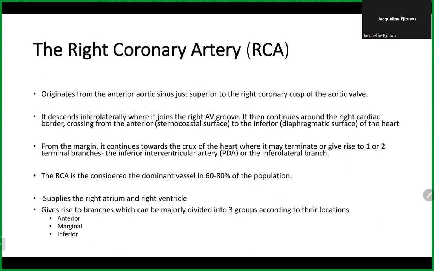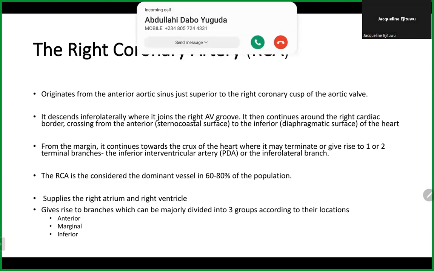So the terminal branch is usually the inferior interventricular artery. It is also known as the posterior descending artery. It may also give rise to the inferior lateral branch. So when it gives rise to the posterior descending artery, it's known as the right dominant circulation in this case, which is usually seen in about 60 to 80% of the population.